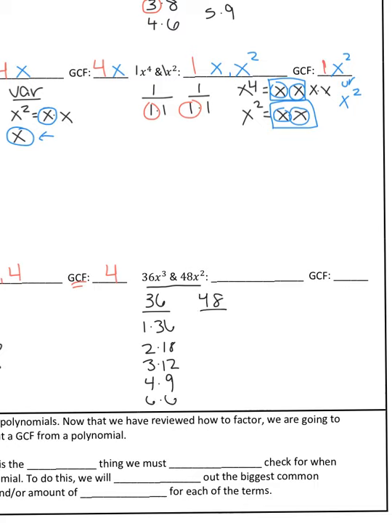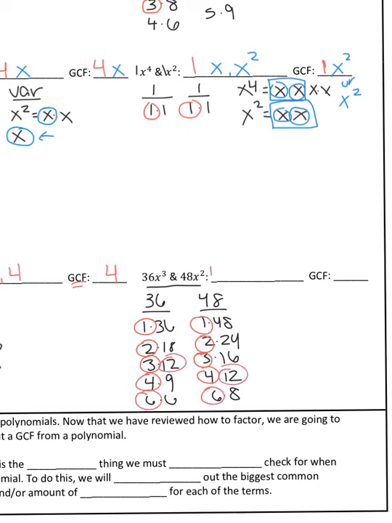For 48, I have 1 times 48, 2 times 24, 3 times 16, 4 times 12, and 6 times 8. Those should be all the factors you found. Then we have 1 and 1, 2 and 2, 3 and 3, 4 and 4, 6 and 6, 12 and 12.